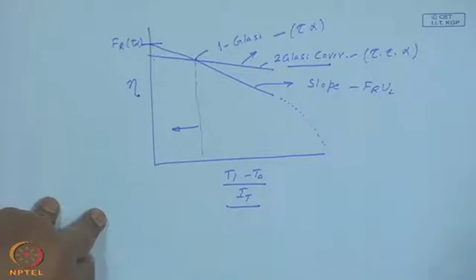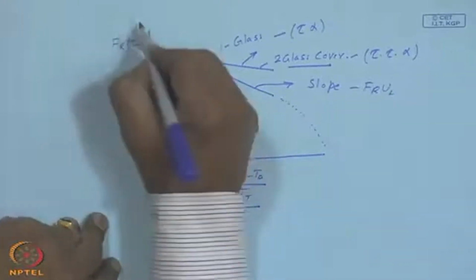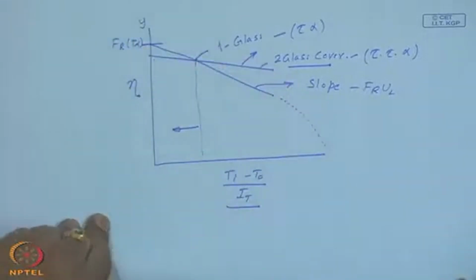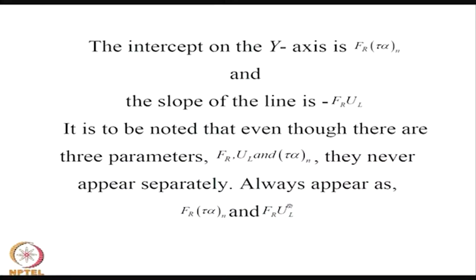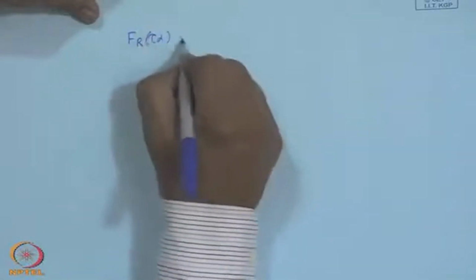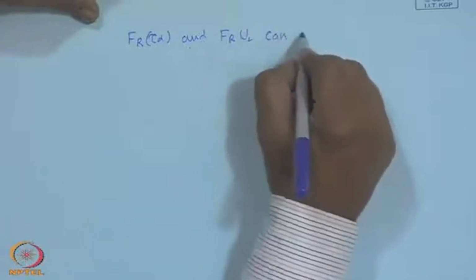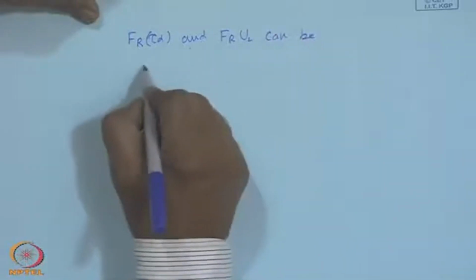In addition to determining the efficiency of the collector, if you fit a best straight line to the efficiency curve, the intercept on the y axis will give you the property F_R tau alpha, and the negative of the slope of the line will be F_R U_L. So, the collector parameters F_R tau alpha and F_R U_L can be determined from the experimental points.